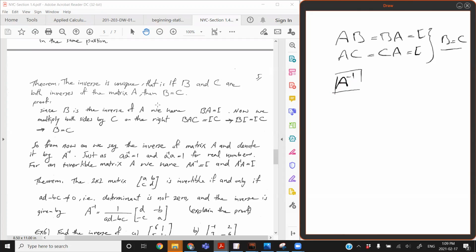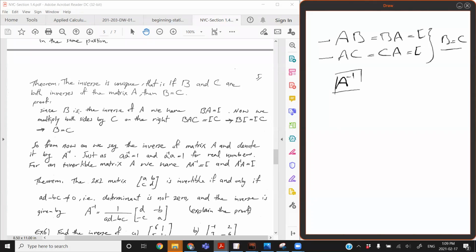Yes. So how do we prove this? That's a very simple proof. So assume that you have the matrix B and the matrix C, so that AB and BA is I, AC and CA is also I. So assume that you have both of these equations.